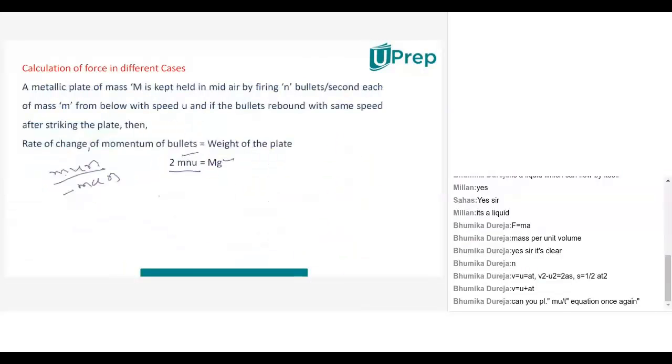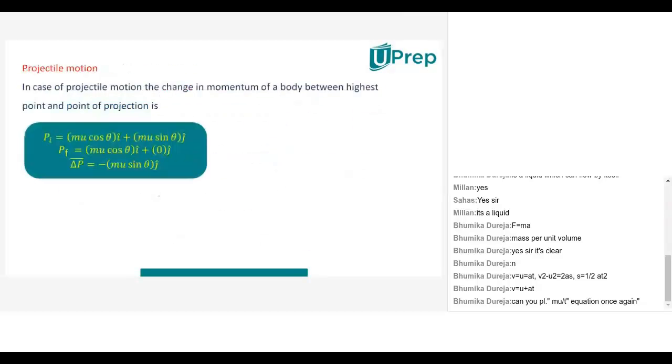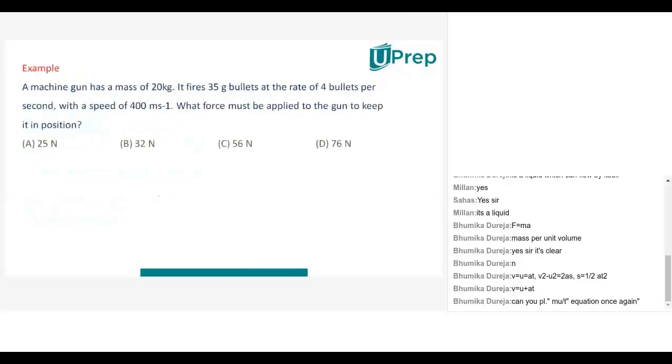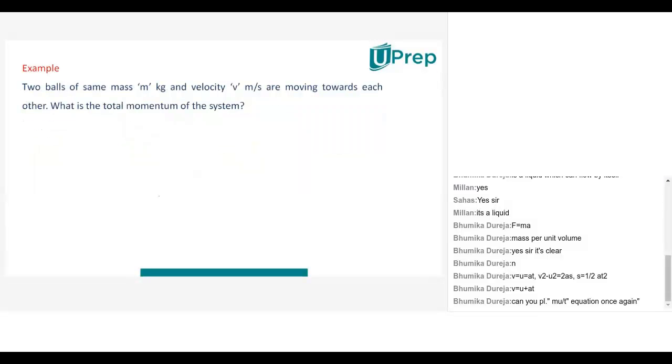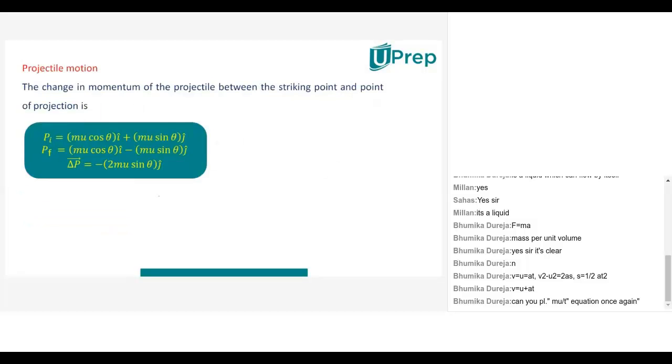So you have to remember all these equations and we'll continue in the next class. And projectile also you are going to learn, and if you learn that projectile, this will be finished. But before that you have to solve these 4 problems, and in the next class first we will solve this problem, and after that I will talk about projectile motion. Is it clear?